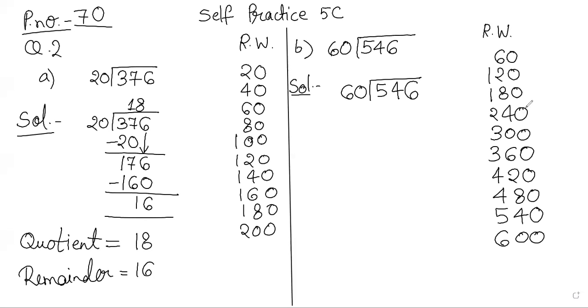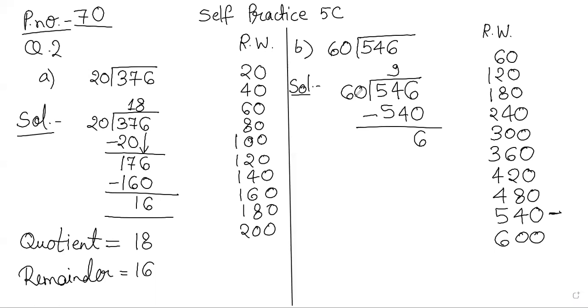Now see, in how many times can you divide 546 by 60? As I look at the table of 60, I think in 9 times. 6 nines are 540. Now we will subtract 546 minus 540. What is left here? 6 is left here.